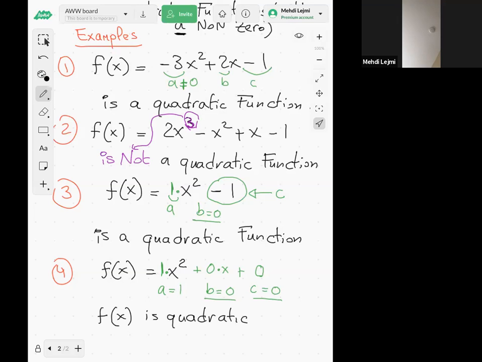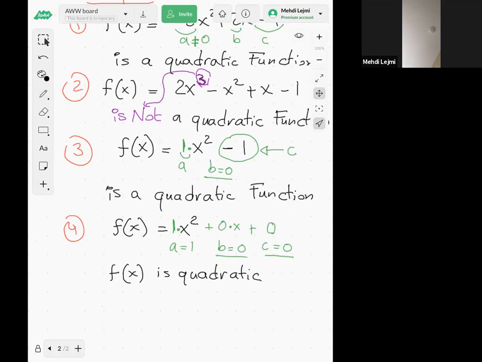Okay, it's still a quadratic function. Now, last example, let's say you have f of x equal to 3x minus 4.